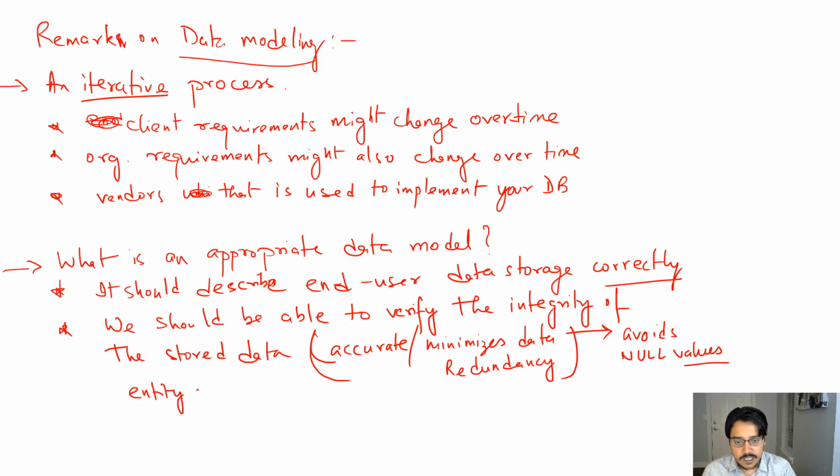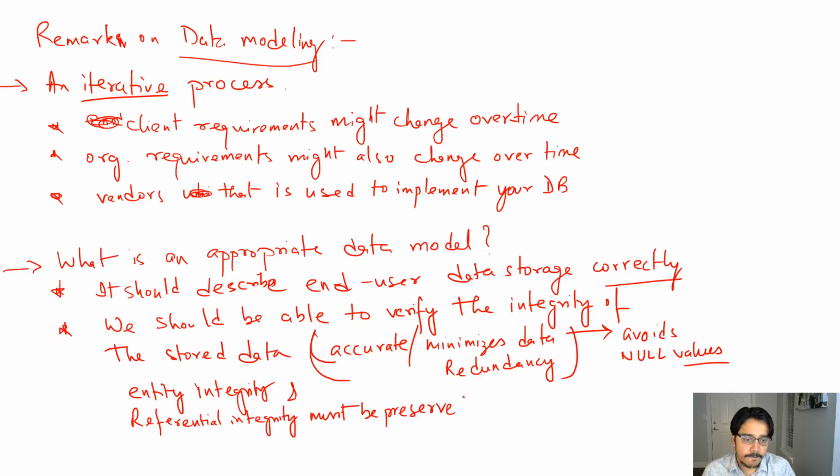So the entity integrity and referential integrity must be preserved. Okay. So this is what the design of your data model should ensure as well, that these things are preserved.